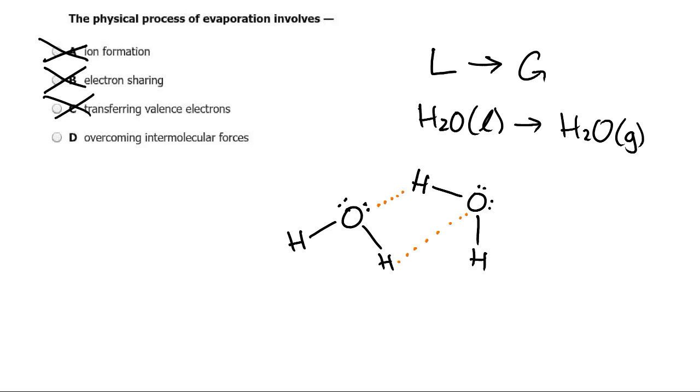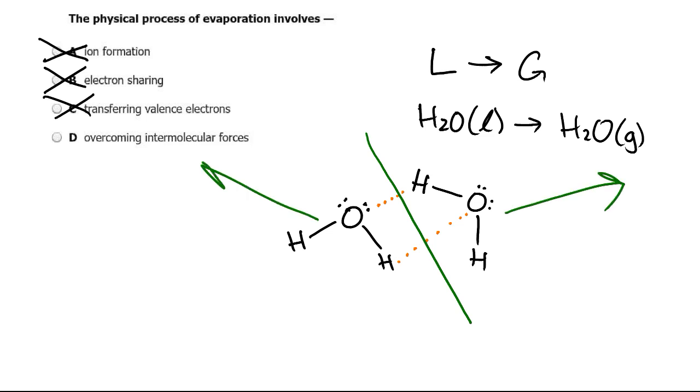In order for water to vaporize or evaporate, you have to spread those water molecules out even more from the liquid phase, because gases are more spread out than liquids. In order to spread them out, you have to break or overcome those intermolecular forces. That way, this water molecule can fly away this way, and this one can fly away this way, and they're spread out gases.